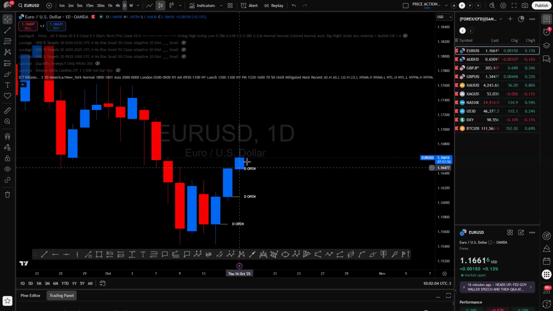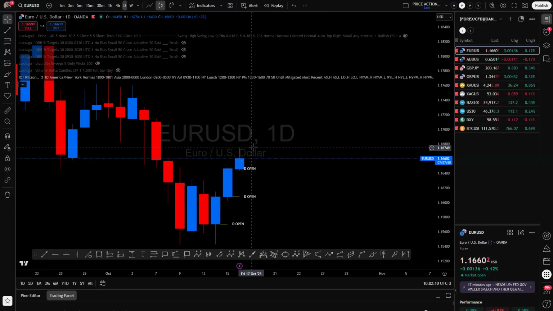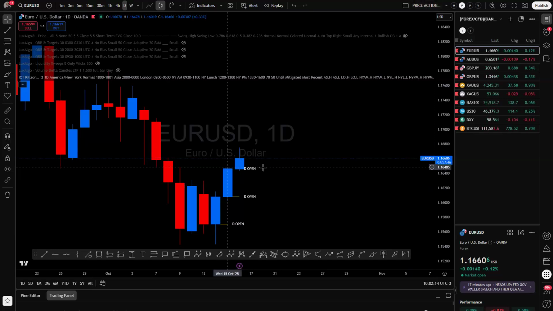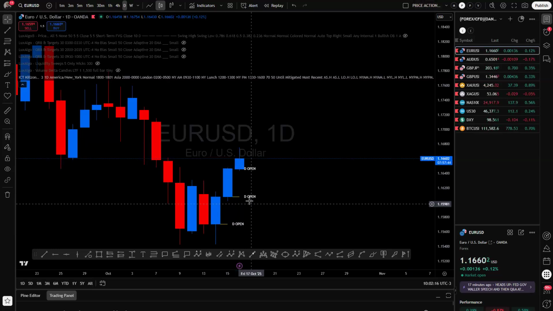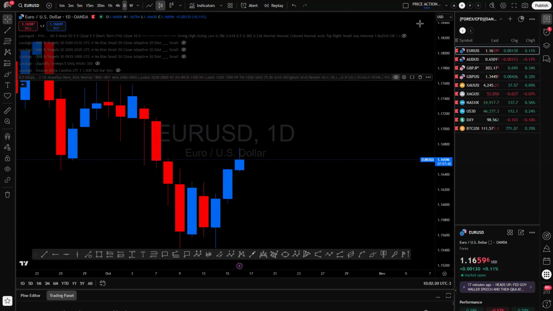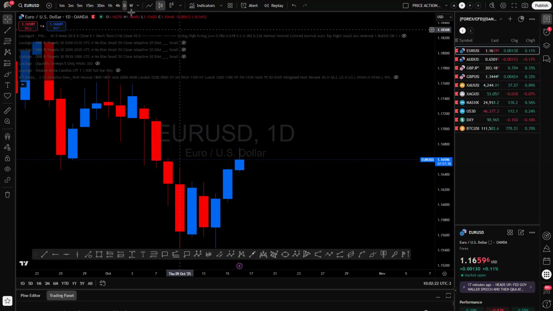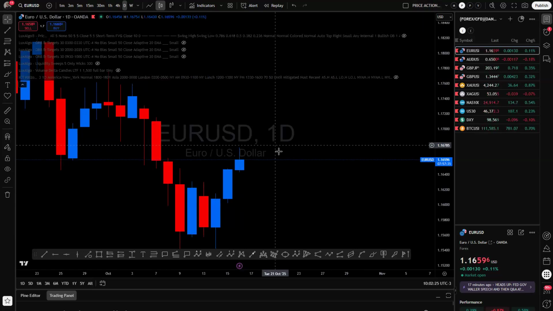So it opened up bullish, and it looks like it's appreciating because price opened up at this range, closed at this range here. So it looks like we actually have some price that's appreciating. So based on that, we're going to go to the 4-hour time frame.